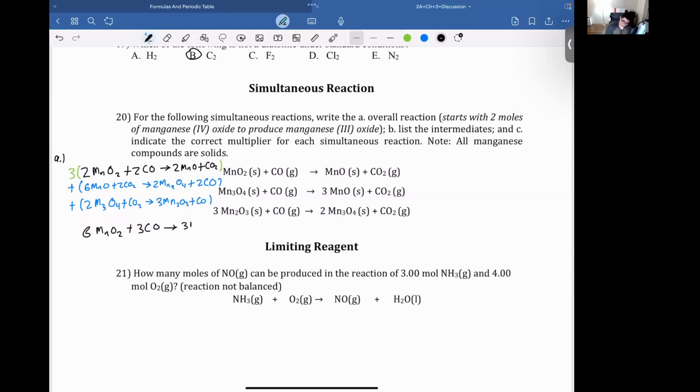Yields 3Mn2O3. And then, did I cancel out the CO2s correctly? That was 1, 2, both were reversed. That's 3. Yeah, that should be correct.